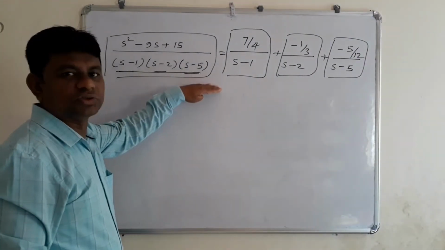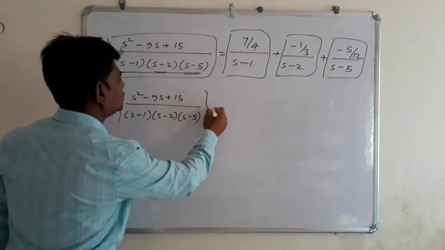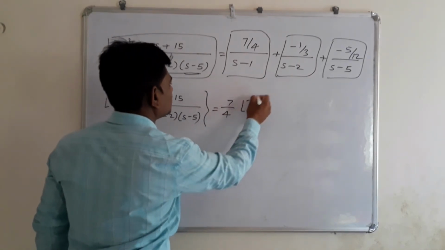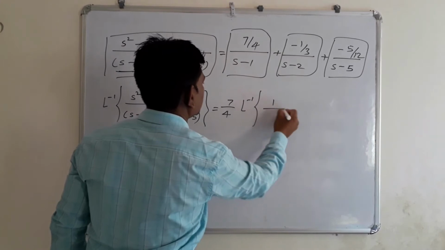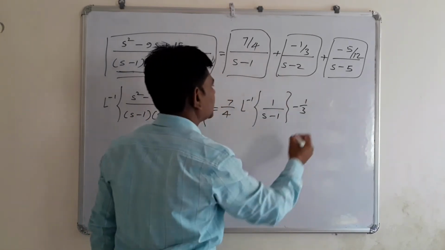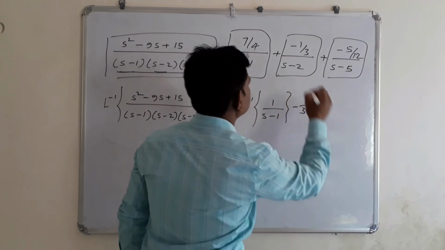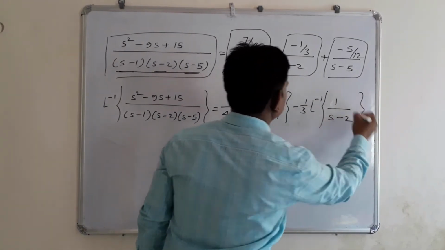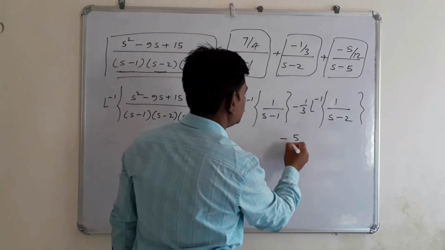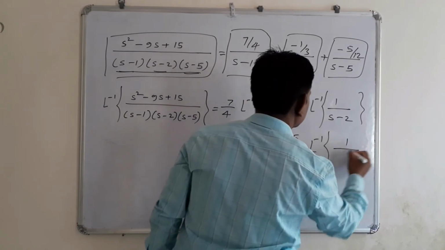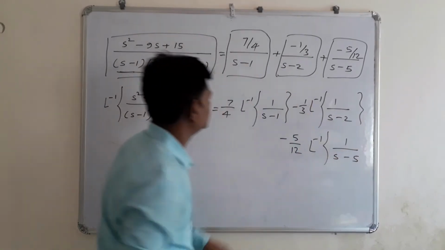Applying L inverse to both sides, it equals 7/4, a constant, times the inverse Laplace transform of 1/(s−1), minus 1/3, again a constant, times the inverse Laplace transform of 1/(s−2), minus 5/12 times the inverse Laplace transform of 1/(s−5).